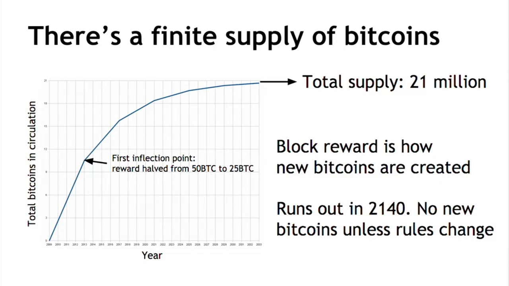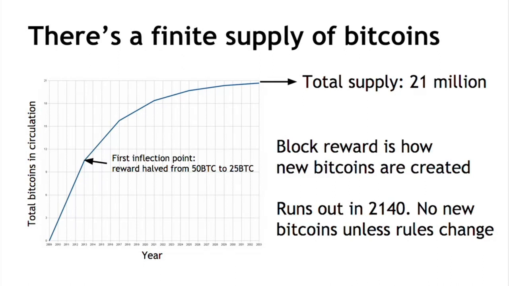And roughly at the end of last year, that block reward halved from 50 to 25. And you can see that every 4 years, extending well into the future, the slope of this curve is going to keep halving. This is a geometric series, and you might know that it means that there is a finite sum. And in fact, there is a total finite supply of Bitcoins. If you add up all these numbers, it works out to 21 million, based on the rate of new block creation, which I'm going to get to in a second.